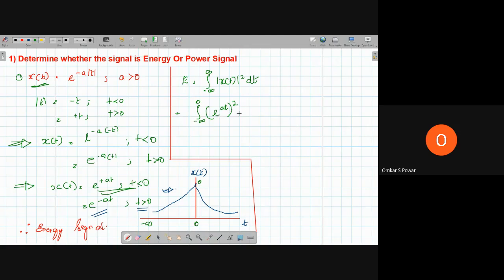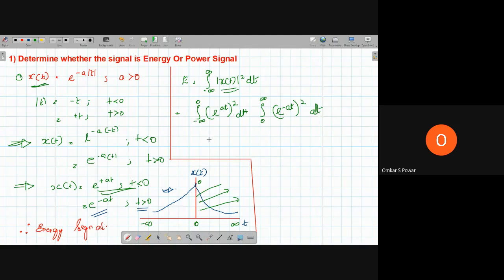Then for t greater than 0, from 0 to infinity, we have e power minus at the whole square. It is mod x of t the whole square dt, so this should be dt here.